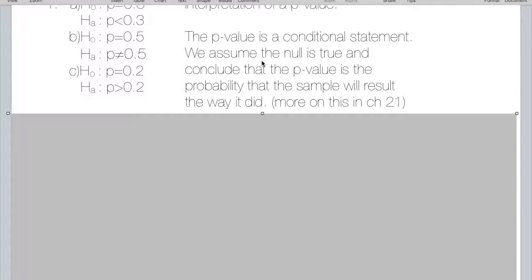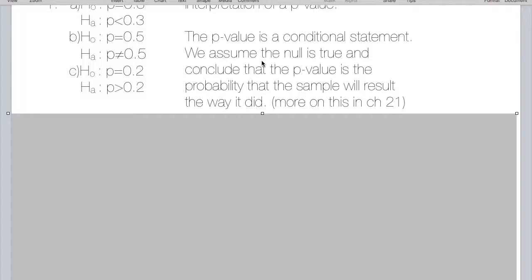So if there's no change in public opinion, then this probability, 22%, means we would see a sample with a result like we have 22% of the time. Notice the probability is related to the sample occurring. Not that we got it right, not that we know what the true proportion really is. It's none of that. And so be very careful.